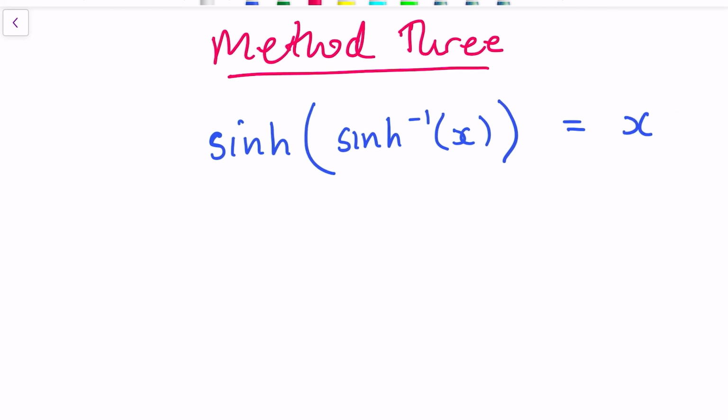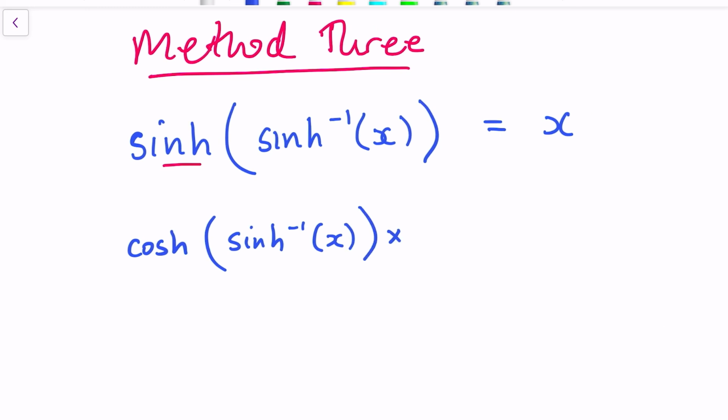So we diff the outer function. Diff that will be cosh of the inner function, multiplied by the inner derivative, which we don't know because that's actually the thing we're trying to find.